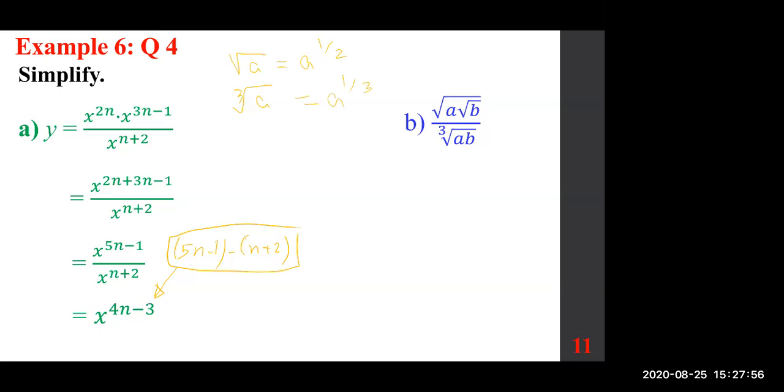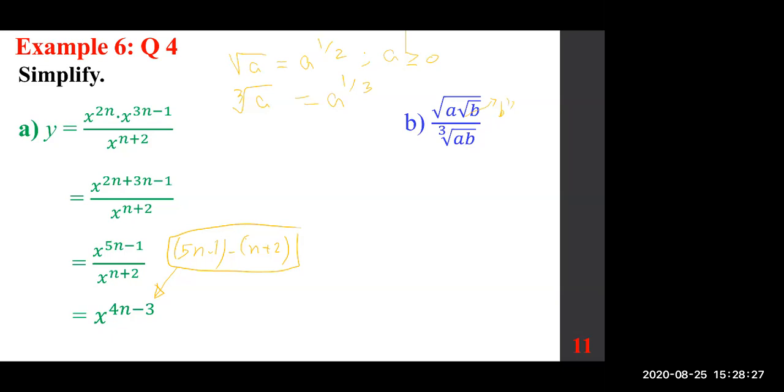And what I want you to, of course, remember, when the index is odd, we have no restrictions. When the index is even, what's underneath must be positive. And remember, in this case, the limitation is a is positive. Okay, and that is the assumption. So now what happens is that this square root of b itself can be replaced with b to the power of 1/2.